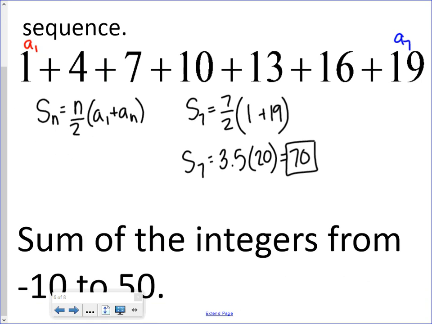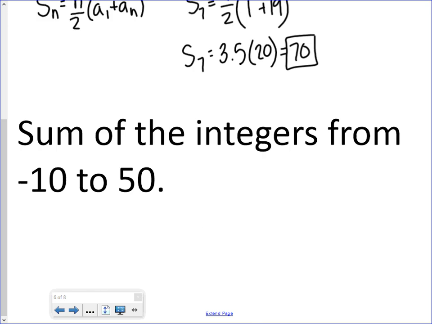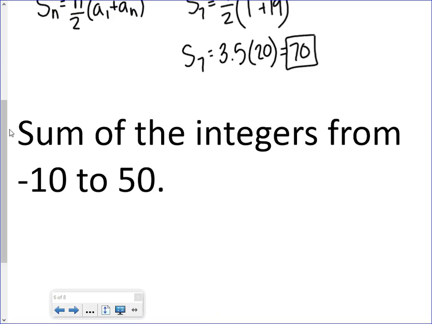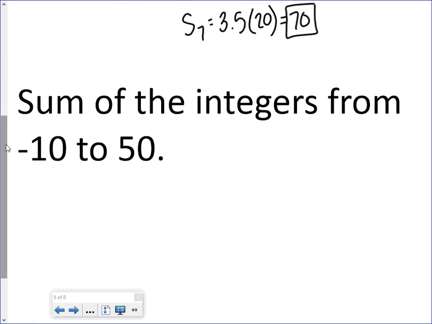Let's also look at the next example, which is the sum of the integers from -10 to 50. So when we say the sum of the integers, I'm thinking, okay, I want to do -10 plus -9 plus -8 plus -7 all the way up to 50. And that's a good example of, I don't really want to have to add all those numbers together.